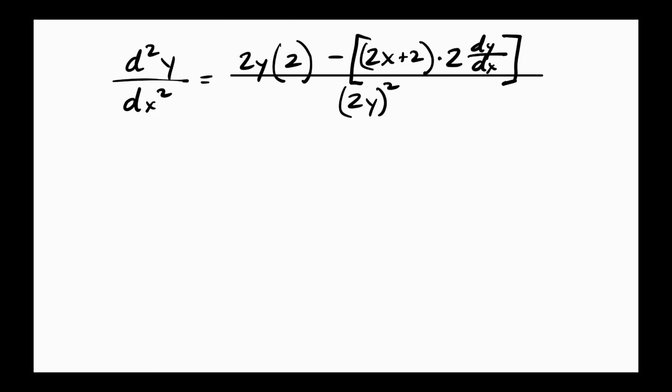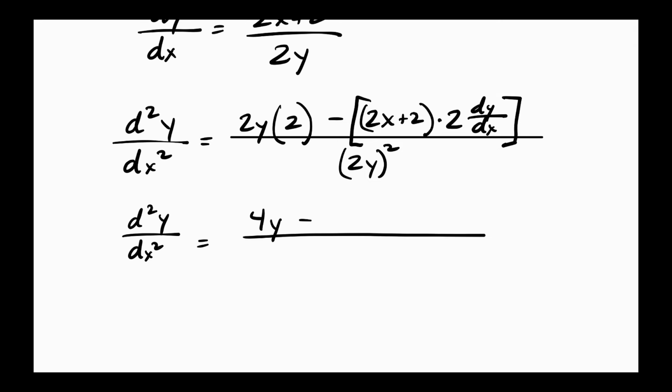So let me clean it up a little bit. So we get 4y minus, and then over here I'm going to do the distributive property, because I have 2 on the outside. So I'm going to distribute the 2 in there.